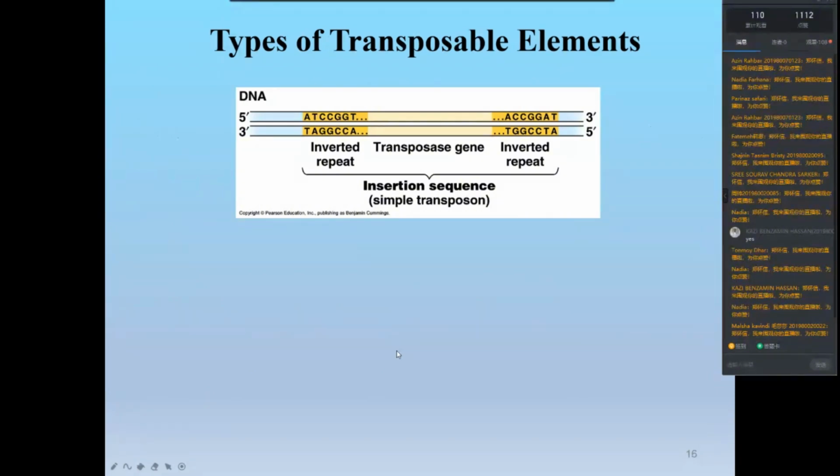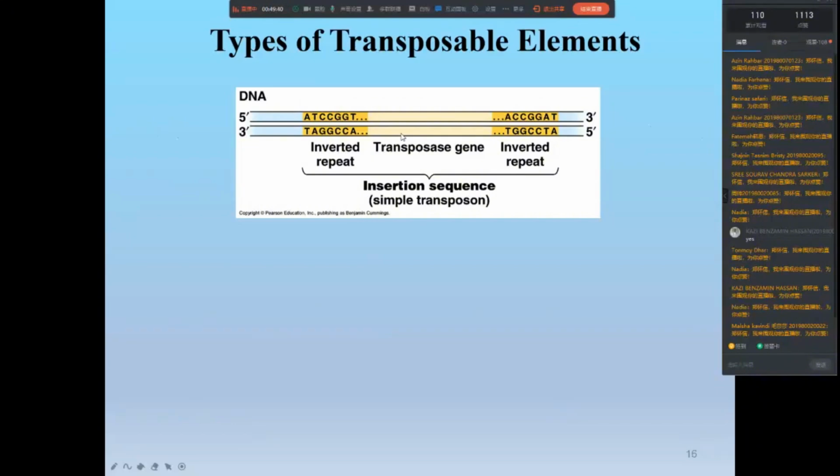Here we'll talk about different types of transposable element. The first type is the simple insertion sequence. This is the most simple structure of a transposable element.